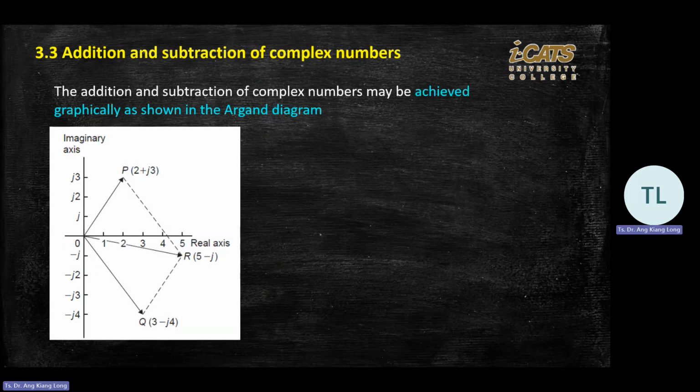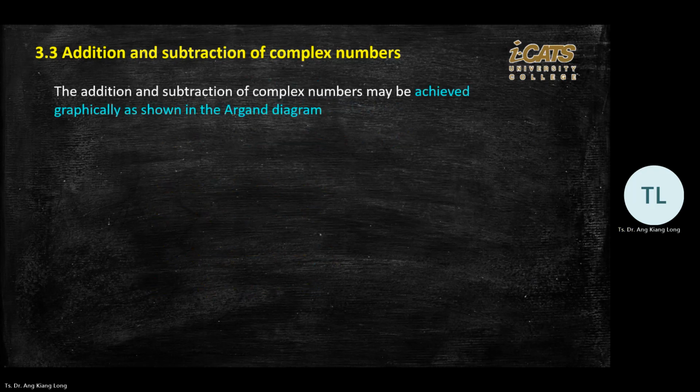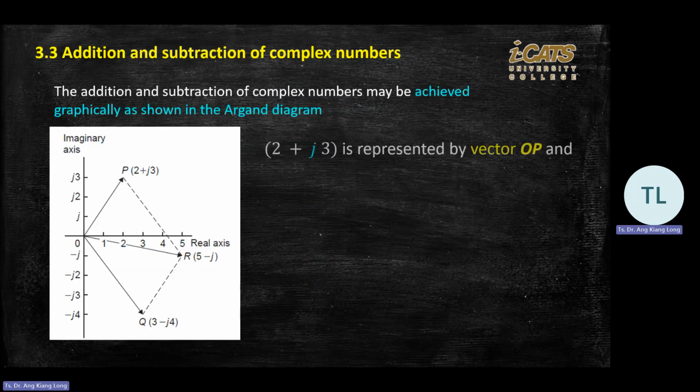Okay. Now, how do we represent the addition and subtraction on the Argand diagram? Or in other subjects, you might see it as a vector diagram, right? So let's say we have two vectors. We have a graph like this, with a real axis and imaginary axis. And you have the first complex number, which is 2 plus j3.